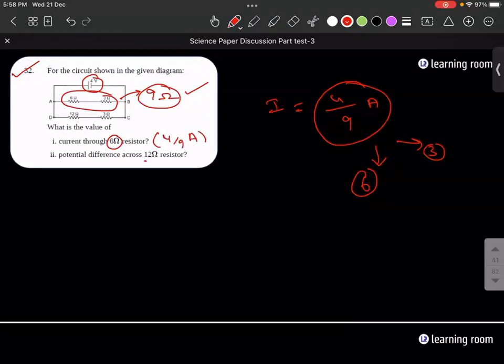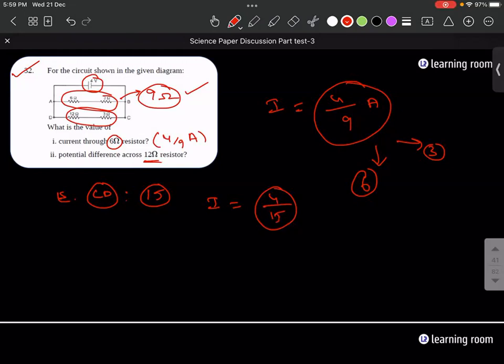What is the potential difference across the 12 ohm resistor? For that, again calculate the equivalent resistance here. The equivalent resistance across CD will be 15. So what will be the value of I? I is equal to V divided by R, so 4 divided by 15.